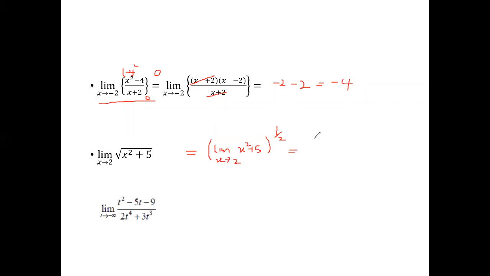So when we evaluate the limit in the bracket, that should be 2 squared is 4, plus 5, raised to the power half. That will be 9 raised to the power half, which is equal to what? 3. So that is our limit of the function. Okay.